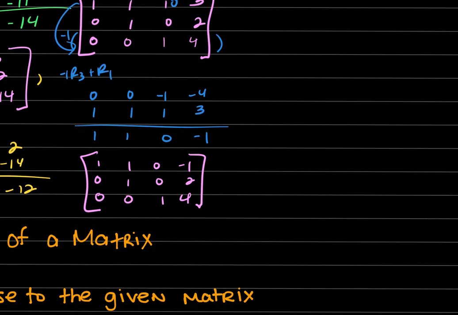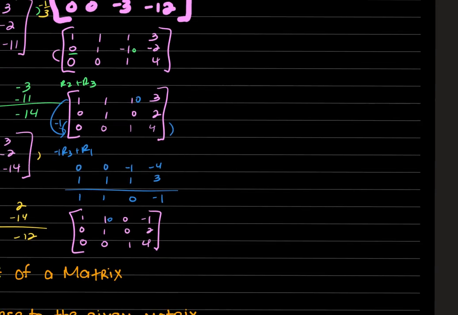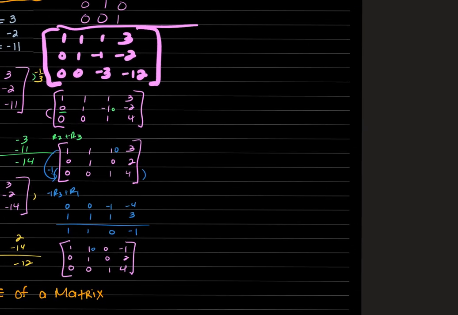And then I need a 0 where the 1 is in that first row. I cannot use row 3 this time. I have to use row 2. So I'm going to do negative 1 times row 2 plus row 1.